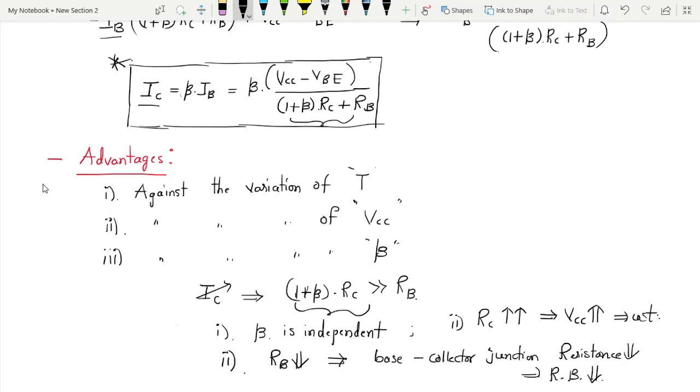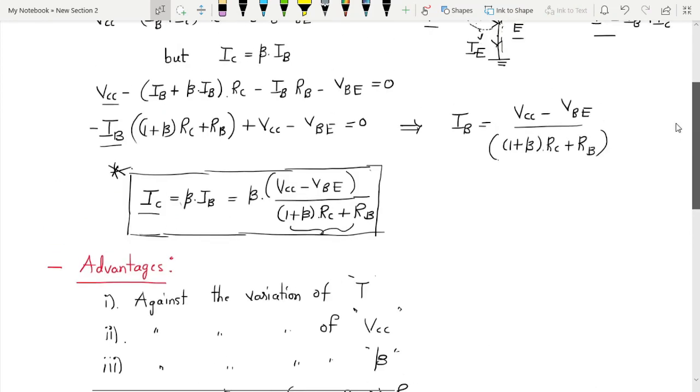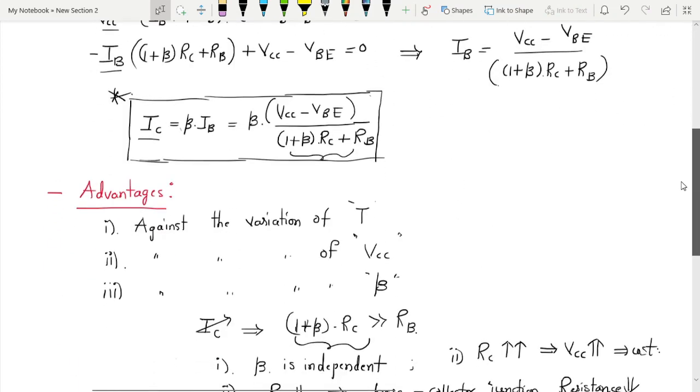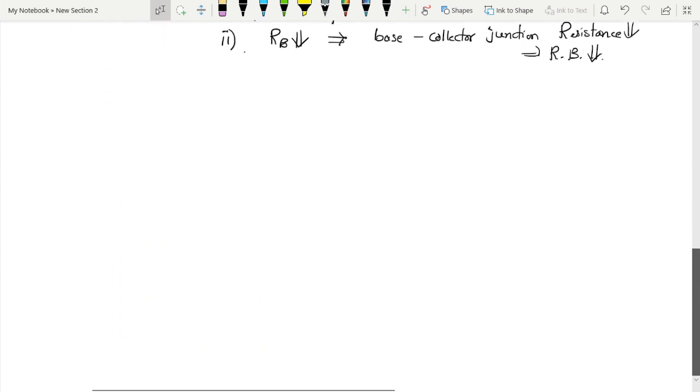So due to that, the same problem occurred. It is not possible. So these are generally the problems in collector feedback biasing. Everything has some advantages as well as disadvantages.